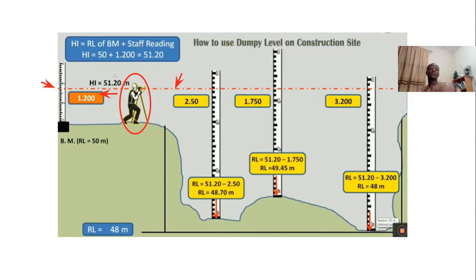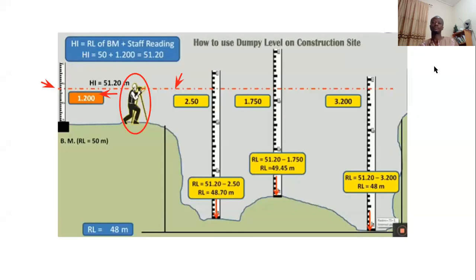Okay, great. Now when we get that, the value that we reach from the staff anywhere else is subtracted from the height of the instrument, then you'll be getting the height at that point.